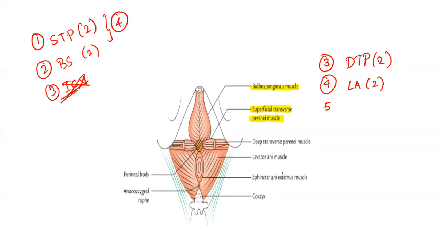Then you will be having the external anal sphincter, 1 muscle. Then the longitudinal muscle of the anal canal. You all know the GIT is lined by 2 muscular layers, the longitudinal layer and the circular layer, right? So the longitudinal muscular layer is also going to contribute to the perineal body, right?